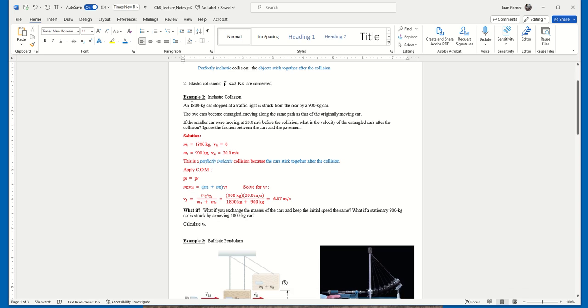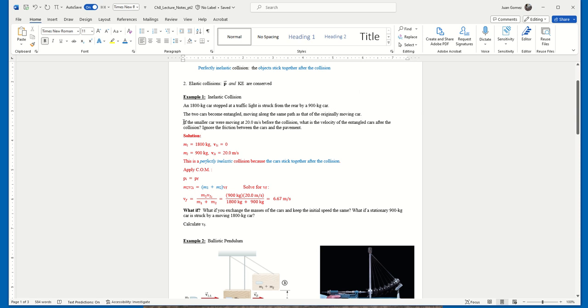You have an 1,800 kilogram car stopped at a traffic light. Then that car is struck from the rear by a 900 kilogram car. After the collision, the two cars become entangled, i.e. a perfectly inelastic collision, and they move along in the same direction as the originally moving car, meaning it's a one-dimensional collision.